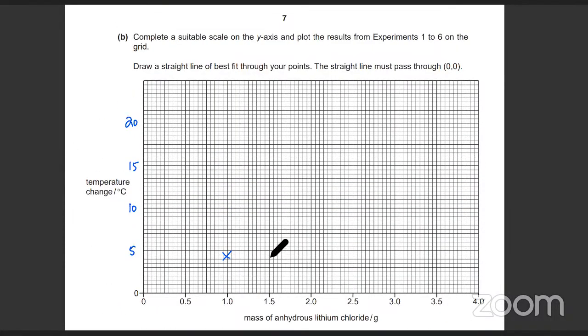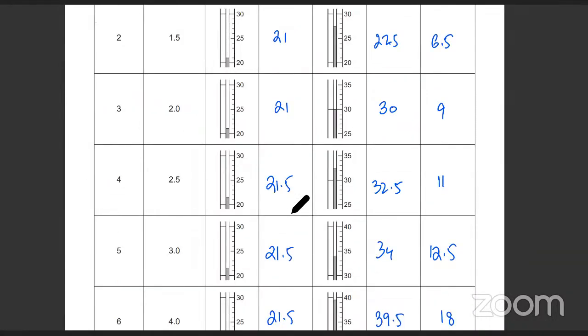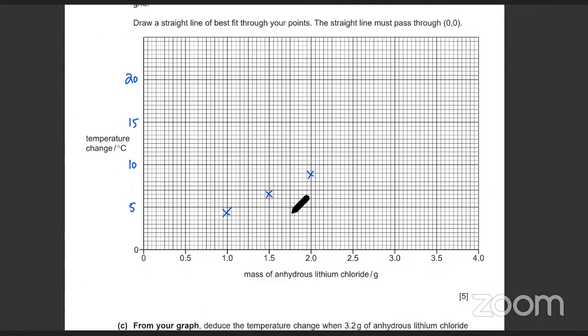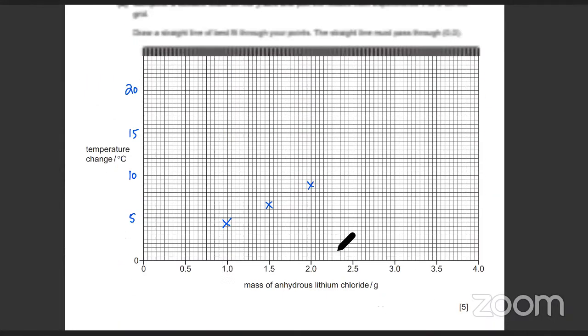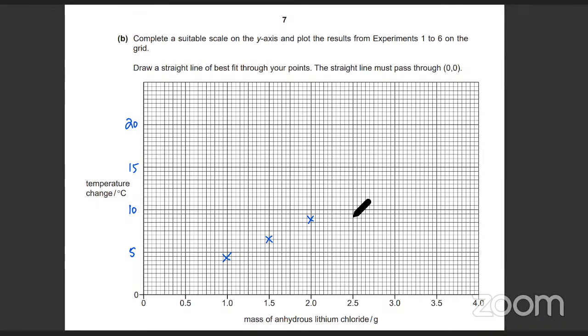So at 2 it's going to be 9. And after that, it's 11, then 12.5. The difference is 0.5. So 11 would be this, and then at 3 it's going to be 12.5.